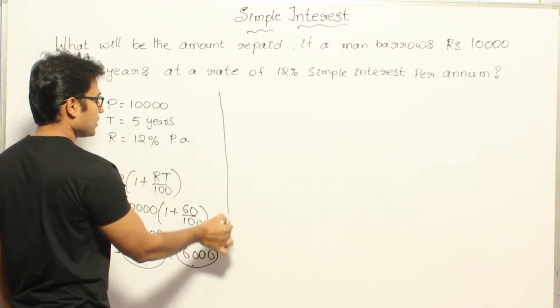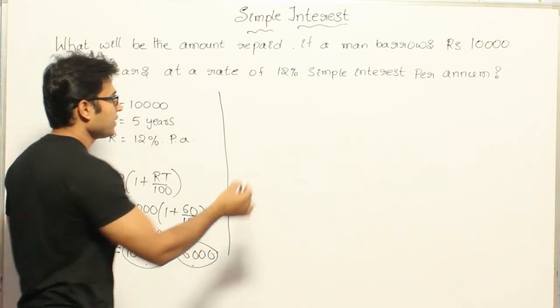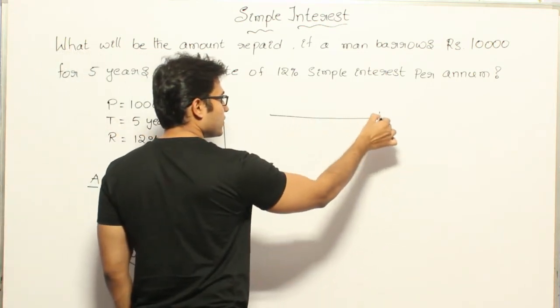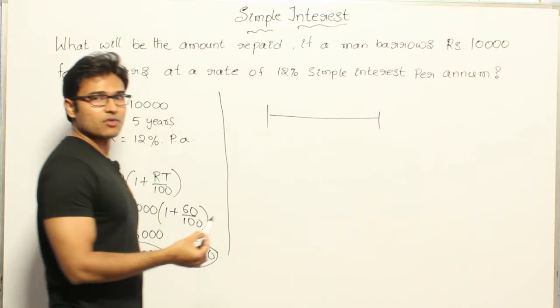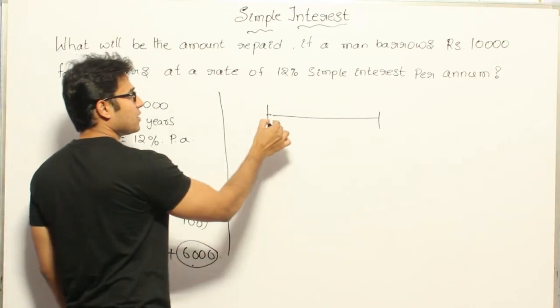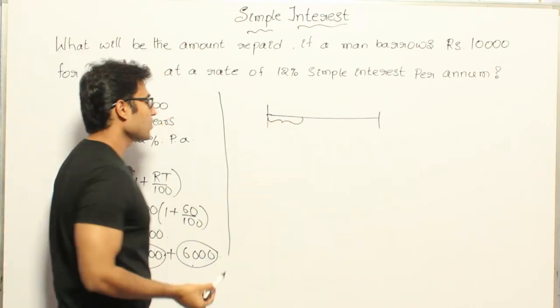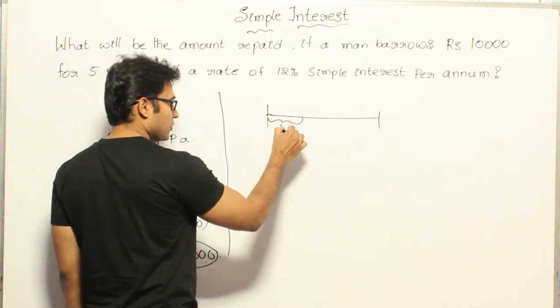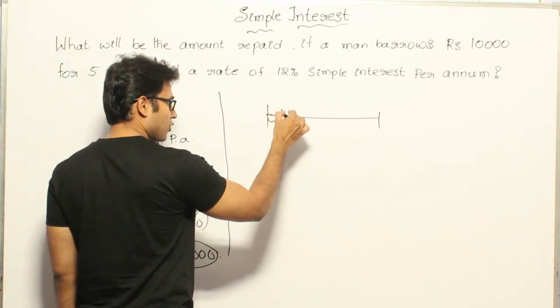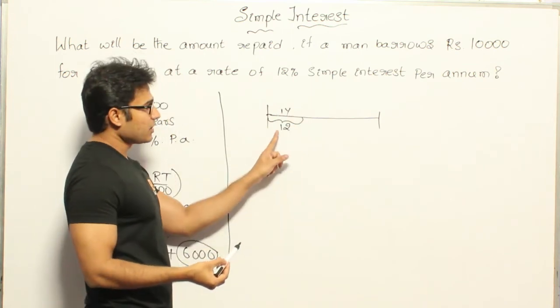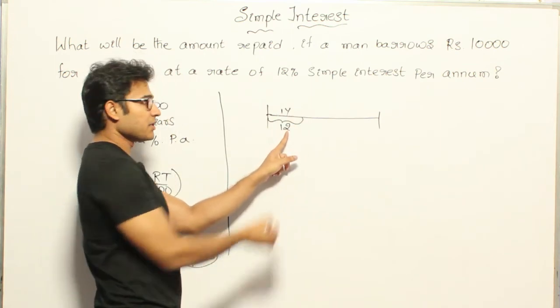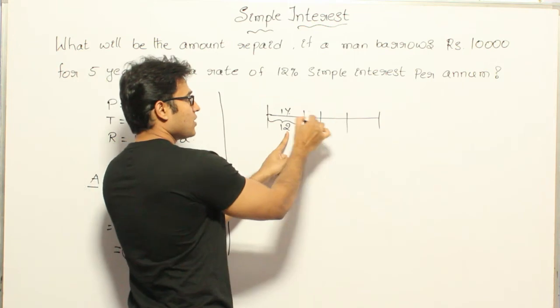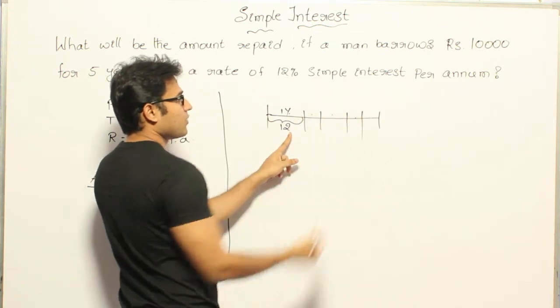The other way of solving it is, if you observe, they are saying that we are investing it for a period of 5 years, and for every 1 year we are going to make some profit. So for every 1 year the rate is 12%. Now if you think of it as getting a profit for every 1 year, the profit is 12% per year, and we have invested it for 1, 2, 3, 4, 5 such years.